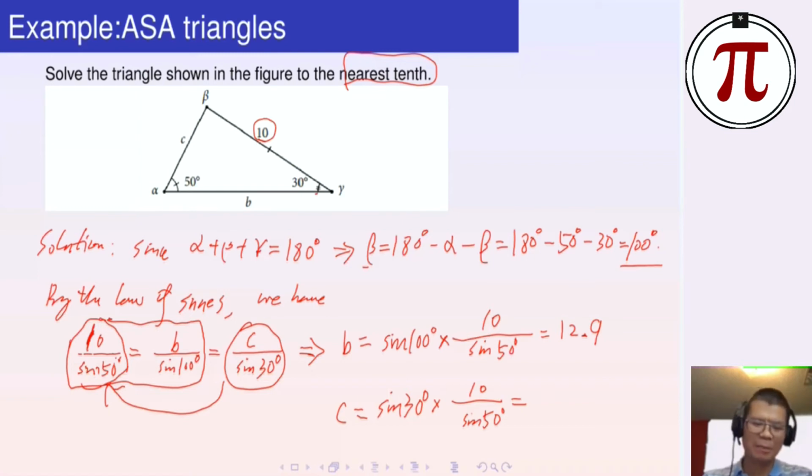Sine 30 is actually just 1/2, so it's 1/2 times 10 over sine 50 degrees. What did you get? 6.53. Round to the nearest tenth, so that's going to be 6.5.